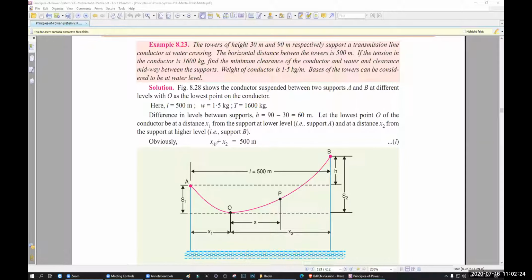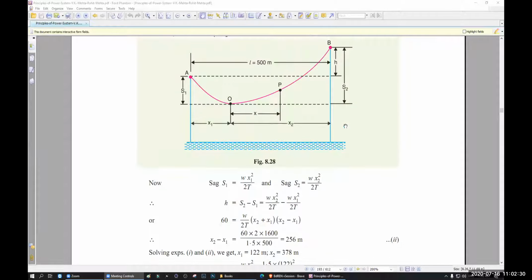So obviously x1 plus x2 is equal to 500 meter. So this is your sag. From point A to point O, that is your sag 1. Point B to point O, that is your sag 2.